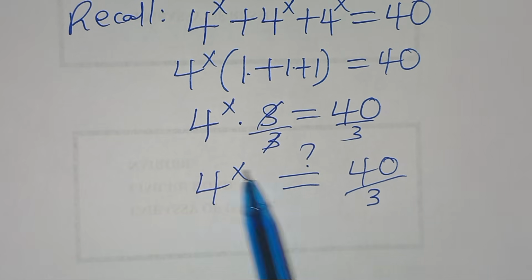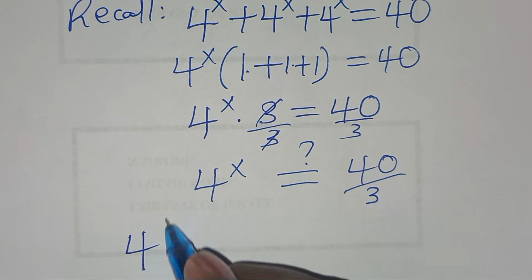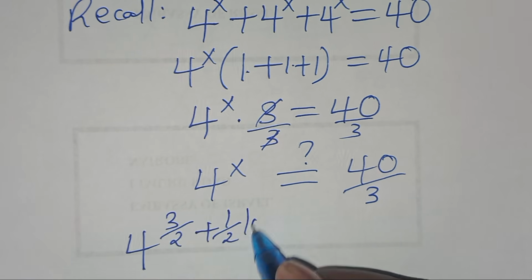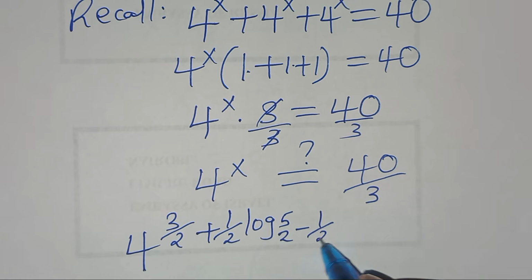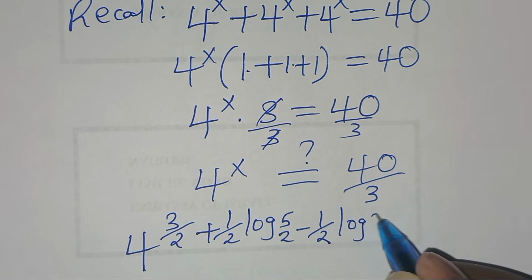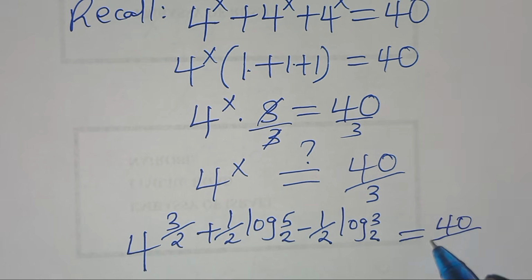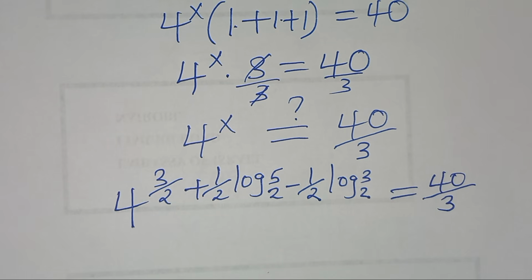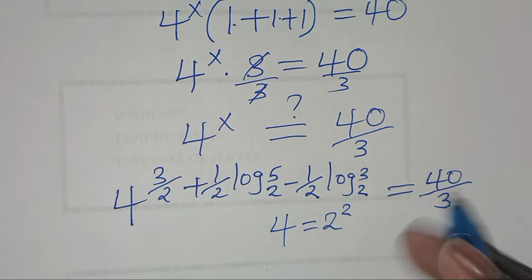Let's substitute the value of x, so that we have 4 to the power 3 over 2 plus a half log 5 to base 2 subtract a half log 3 to base 2. Then this should give us a value of 40 divided by 3. The next step from here, we can express 4 basically as 2 to the power 2.